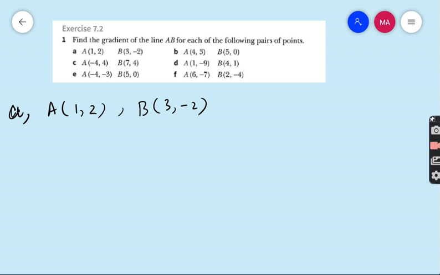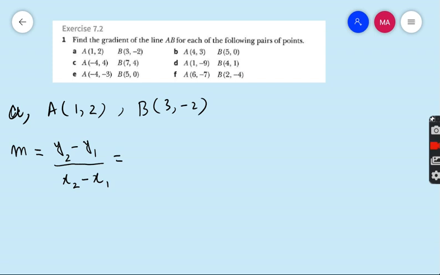How to find the gradient of a straight line? The formula of the gradient is: m represents the gradient, m = (y2 - y1) upon (x2 - x1).